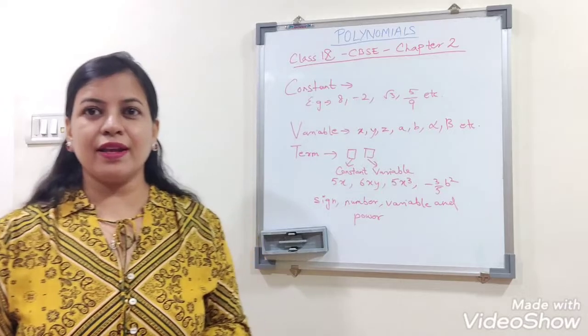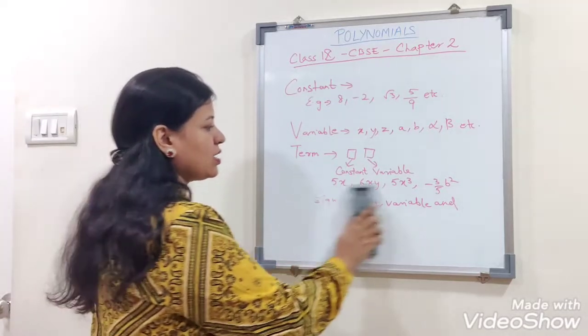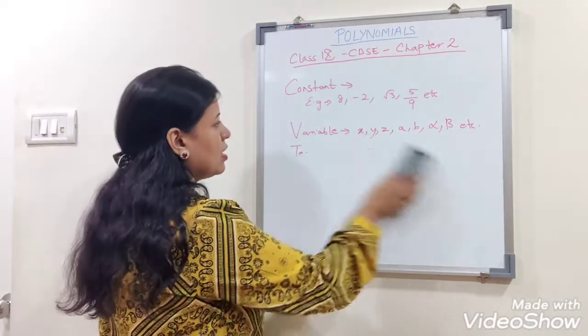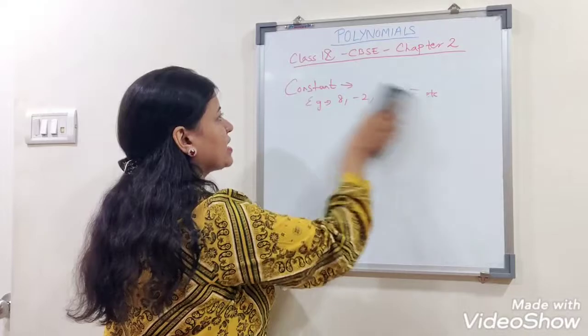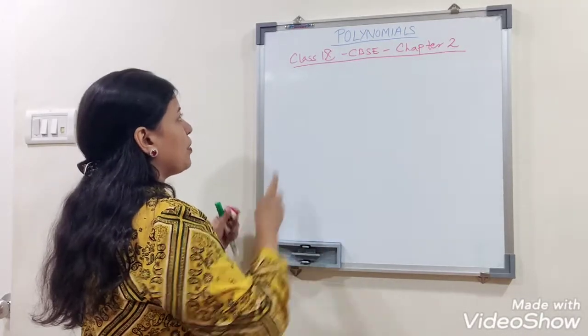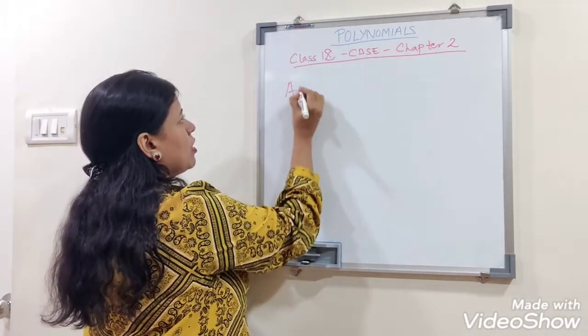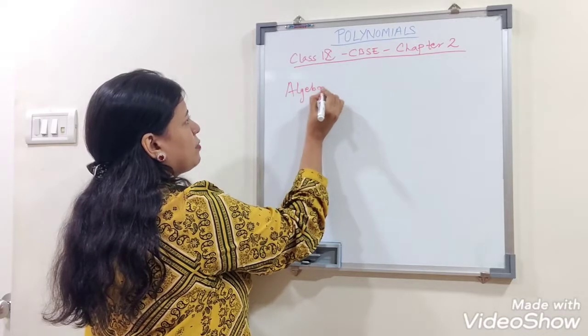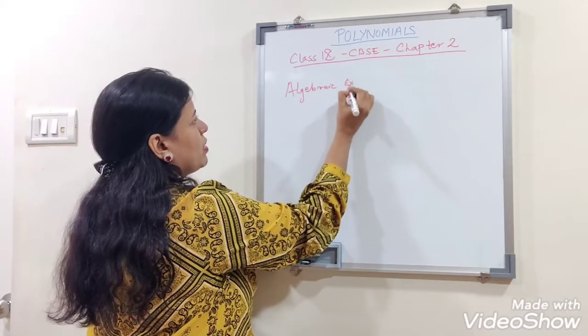Now children, let us come to the next part, which is what? Algebraic expression. Now what is algebraic expression in this chapter, Polynomials?